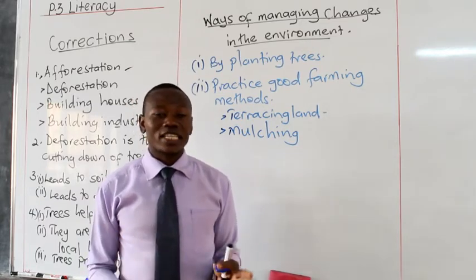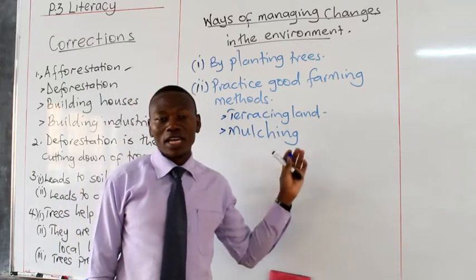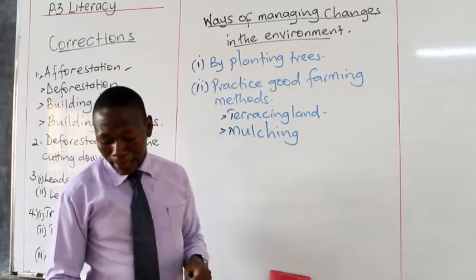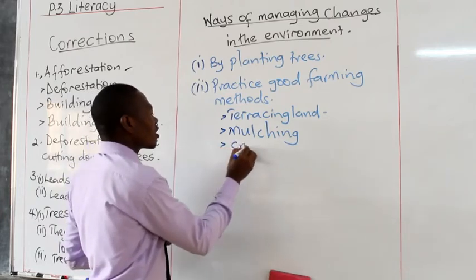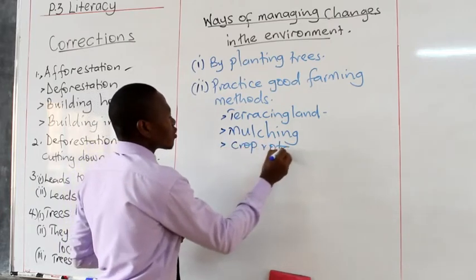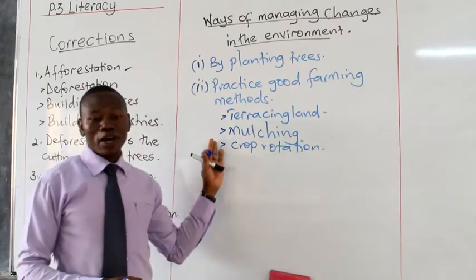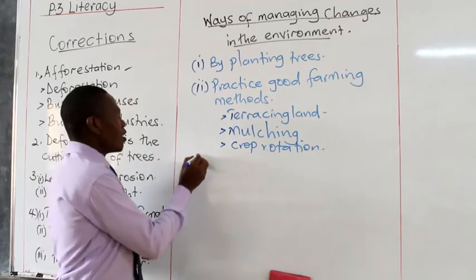So when you do that, you help to reduce the rate of running water in the area. So another one here is maybe crop rotation. So we are going to talk about all these in detail. All these are good farming methods that you can employ to manage changes in the environment.